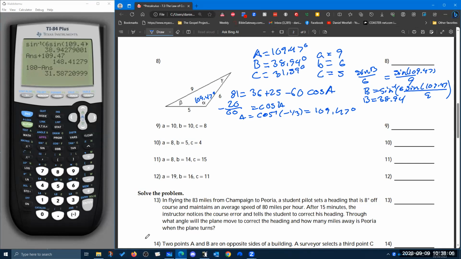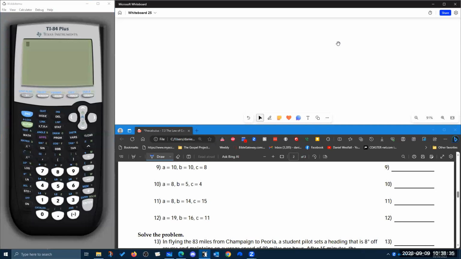All right, I'm going to need to draw these last four, so give me a second to pull up the whiteboard. All right, and just like the other ones, it doesn't really matter. The sides here, the longest one is 10.